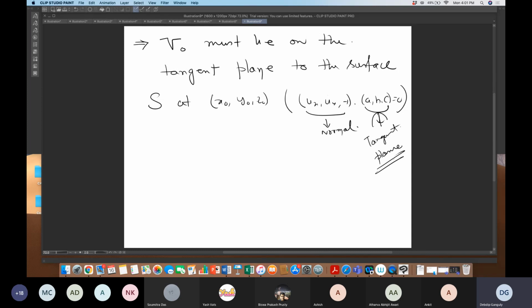Okay. Now your problem of solving this PDE converts to a problem of finding some surface. How?